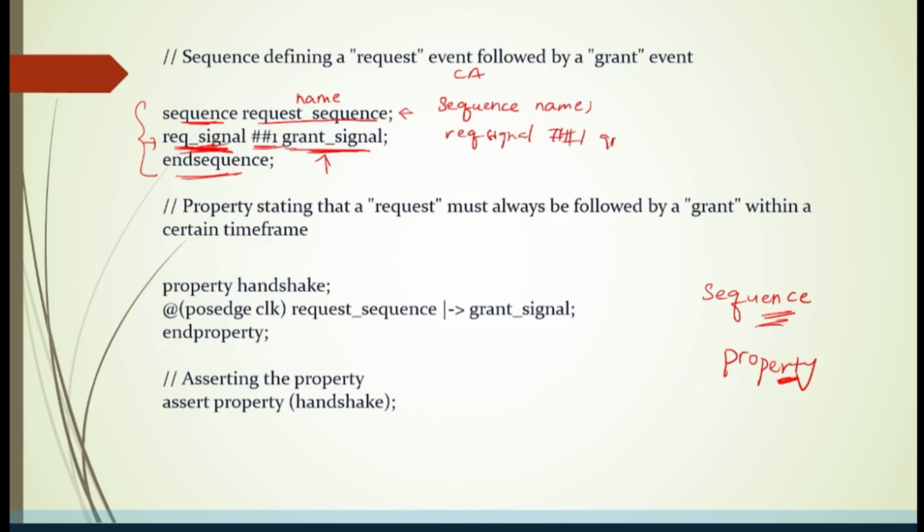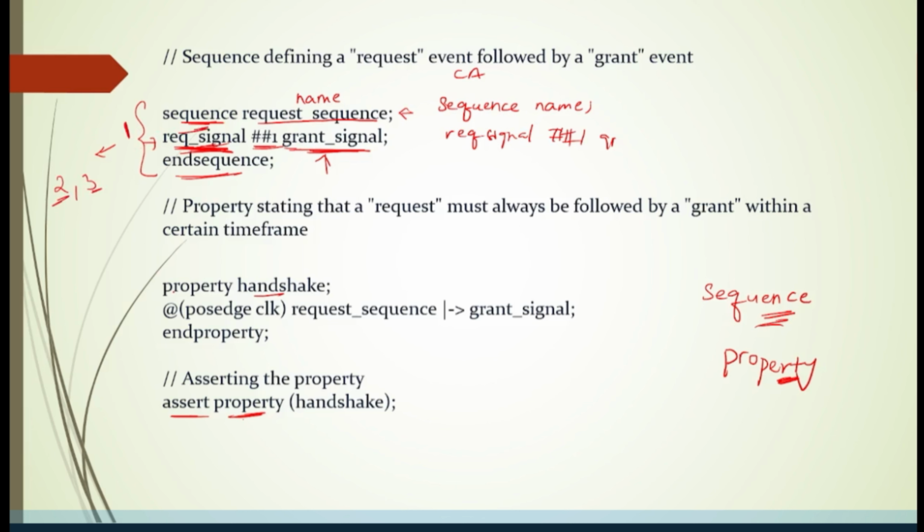Now, as I already told you, in concurrent assertion you will be asserting a property. So I am making this property. In a concurrent assertion you can have many sequences. This is one sequence; in this way you can have two or three sequences also.